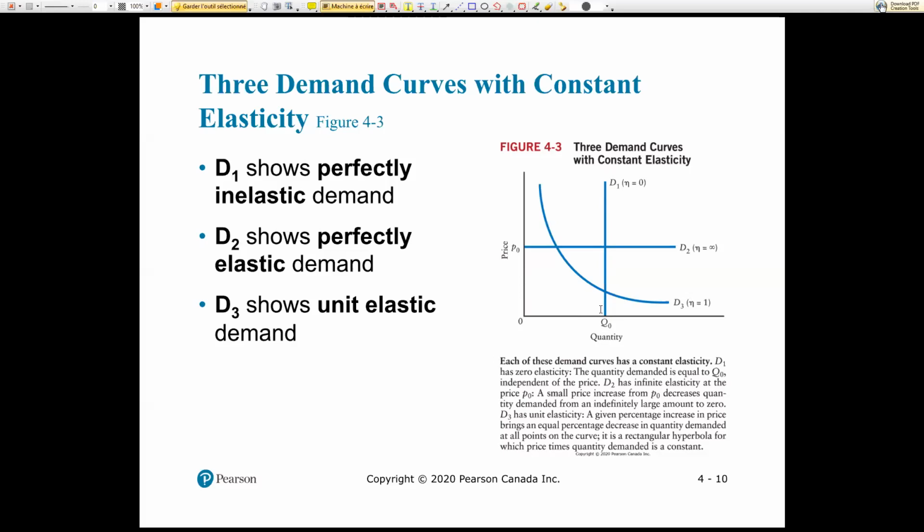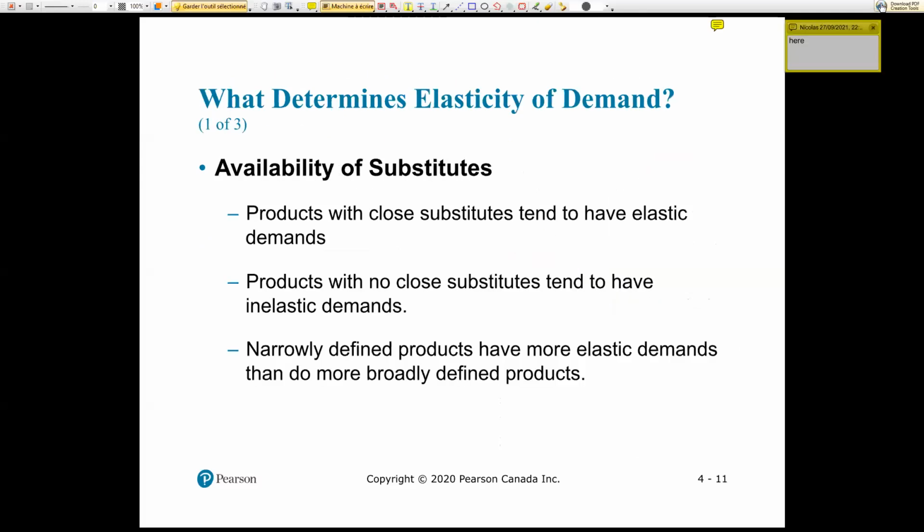Perfectly elastic means that I can demand whatever quantity I like. So if the price changes by a small value, then I change completely the quantity I demand. And this is a unit elasticity. We had seen this at the end of last class.